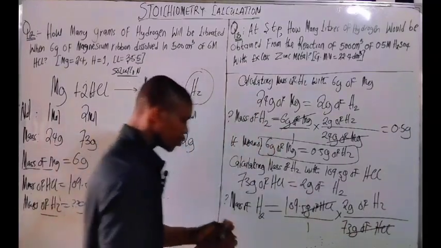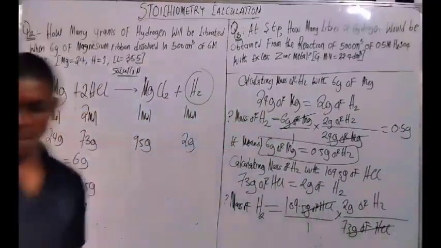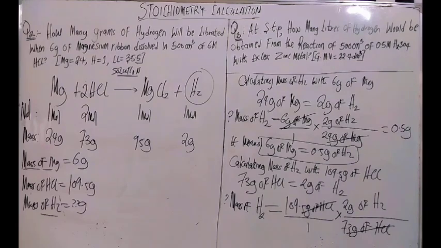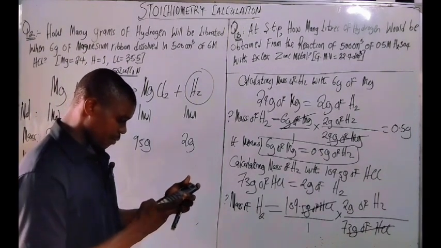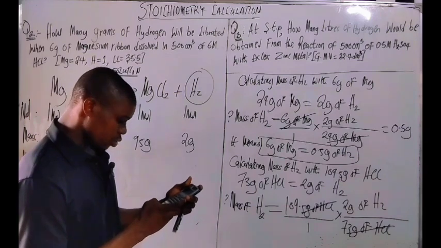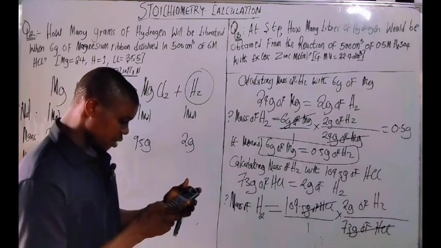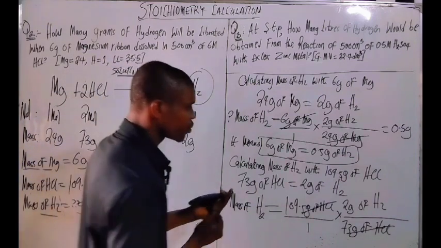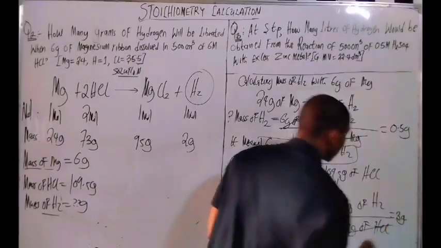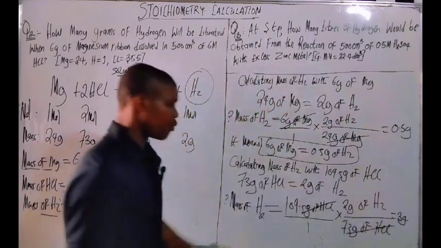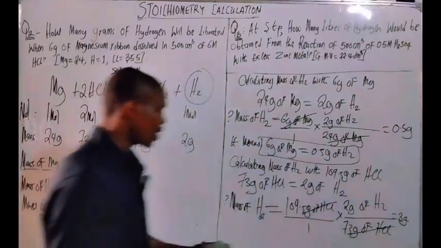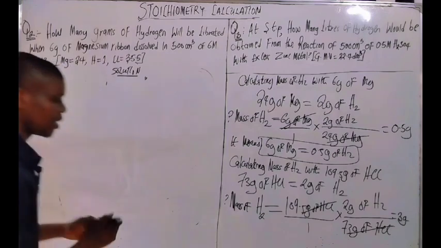So you now have 109.5 times 2 divided by 73. You will now have 3 gram of H2.